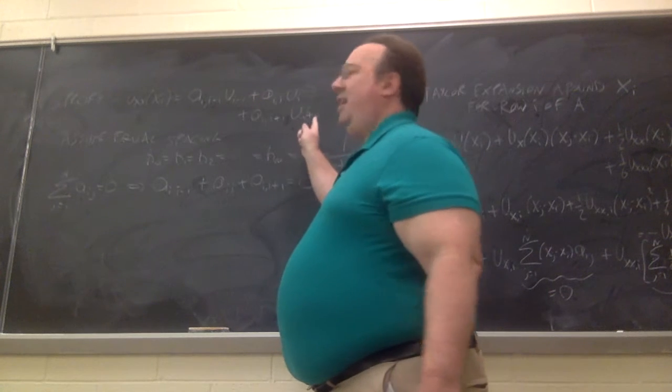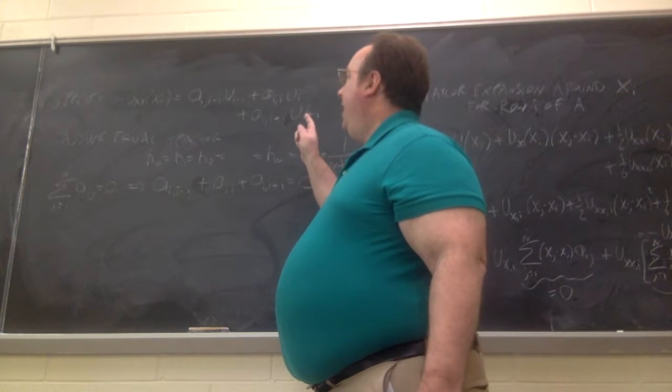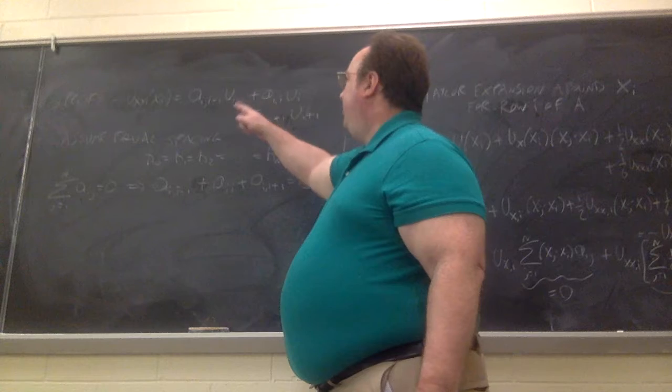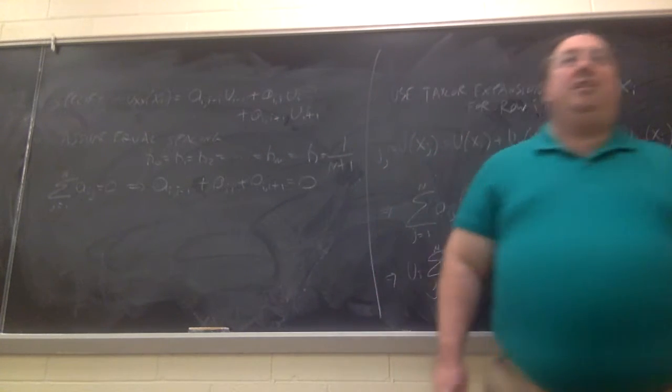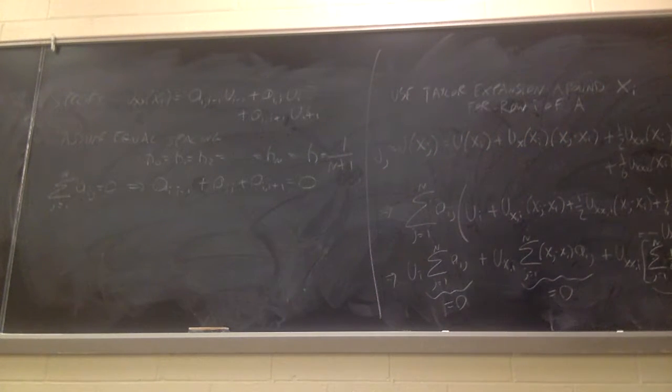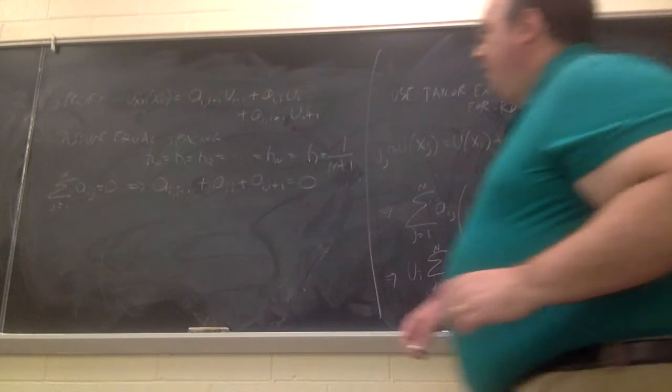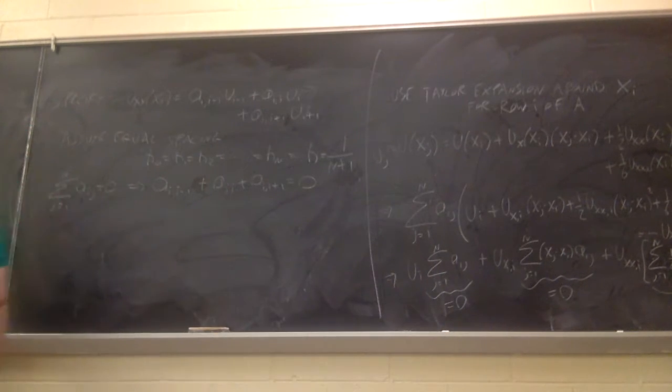I can factor it out. Then I have u times the sum of all the a's. Well, that's supposed to be 0. Therefore, the sum of the a's must be 0. So any approximation of a derivative by finite difference with these coefficients will always sum to 0. First derivative, second derivative, doesn't matter. It's a way of checking that you've computed them right. Okay, that's the first equation.